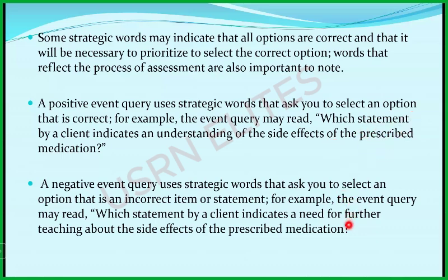But this one demands that you bring out anything the patient says that is wrong about the side effects of the prescribed medication. So that becomes your negative event query, a need for further instructions.